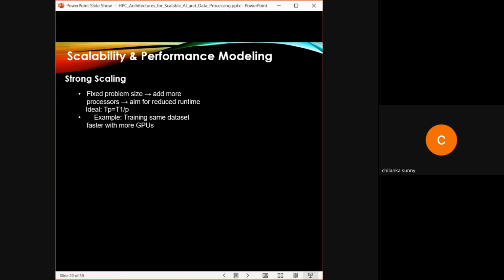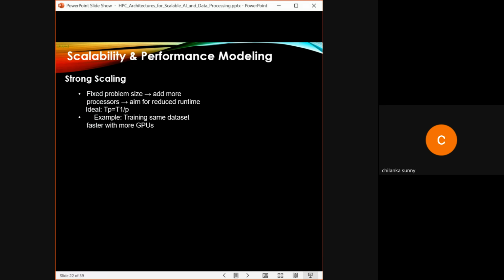Strong scaling will keep the problem size fixed, but will add more processing units so that we can reduce the runtime. So the workload assigned to one processing node will be reduced by a factor of the number of processing units added.